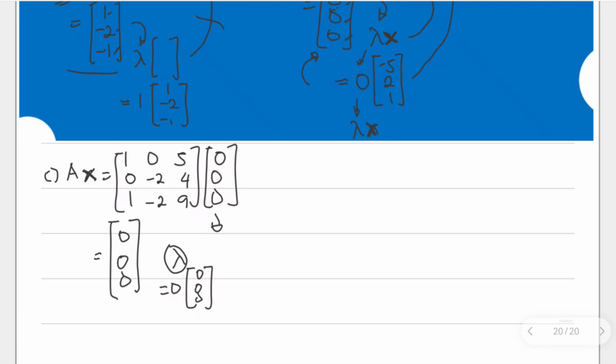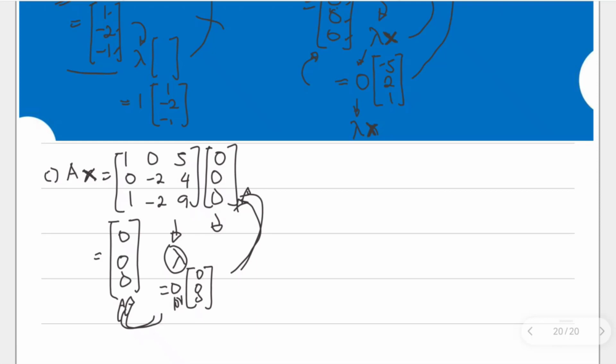Note that our eigenvector cannot be 0 because it will make our definition meaningless, as it will satisfy all values for lambda. If your lambda is 1, 1 times that is still this one. If your lambda is 100, you still have the same result. In short, you have infinitely many possible values for your lambda, and again, it would make our definition meaningless.